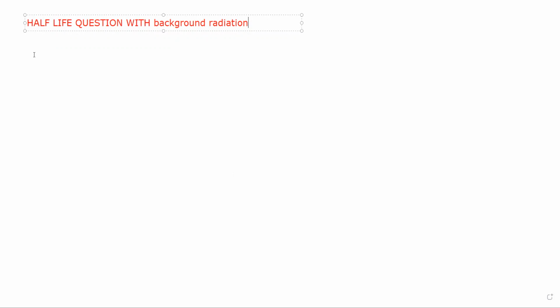Example: the detector records 500 radiations.